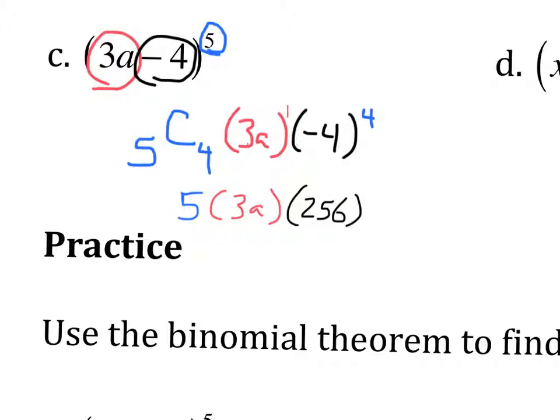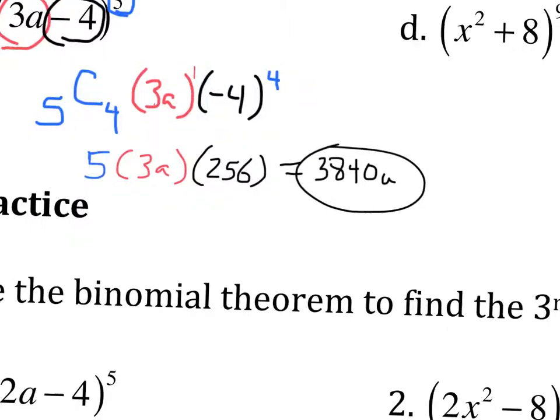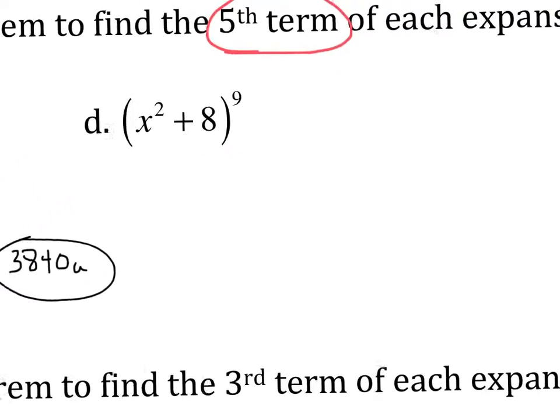And our last step is just to simplify all that with a calculator. And in the end here, we get 3,840a. And that is my fifth term, which is much better than expanding and finding everything and then counting out to the fifth term and circling it. That is a crankload of unnecessary work.